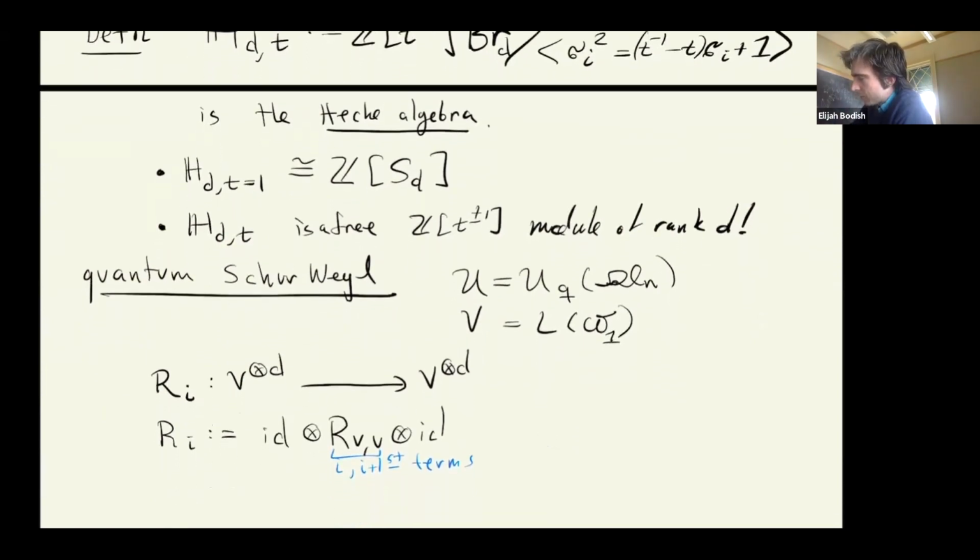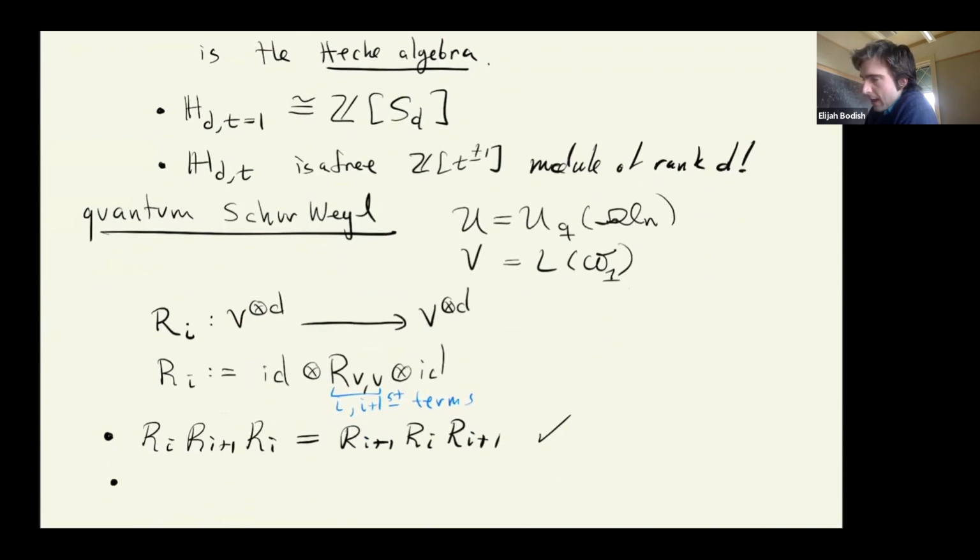Because we checked the hexagon equation, and we argued that the hexagon equation plus functoriality implies the braid relation, we're going to have that R_{i+1} R_i R_{i+1} is equal to R_i R_{i+1} R_i.